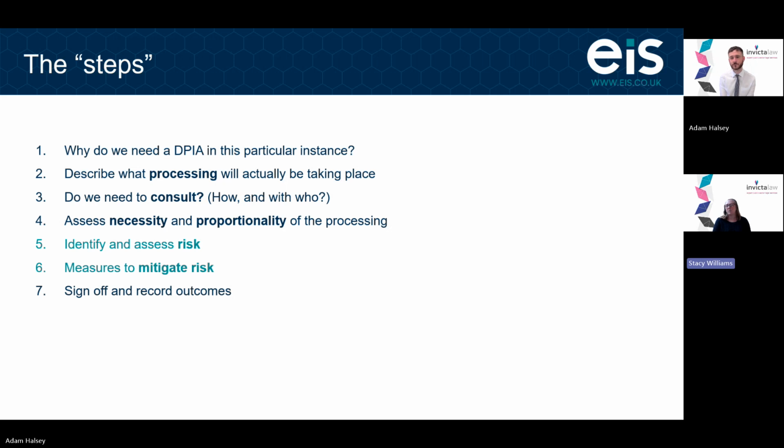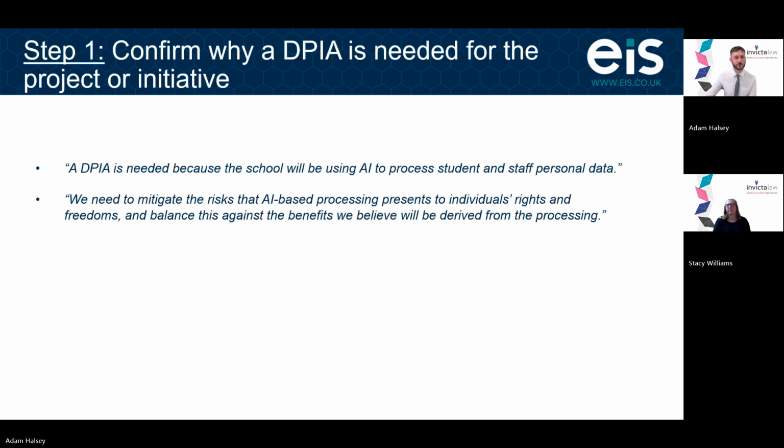Do we need to consult? So how do we consult and who do we consult? We need to assess the necessity and the proportionality of the processing. And then really important, identify and assess risk and see what measures we can put in place to mitigate that risk. And then finally, the sign off and recording of outcomes of the DPIA.